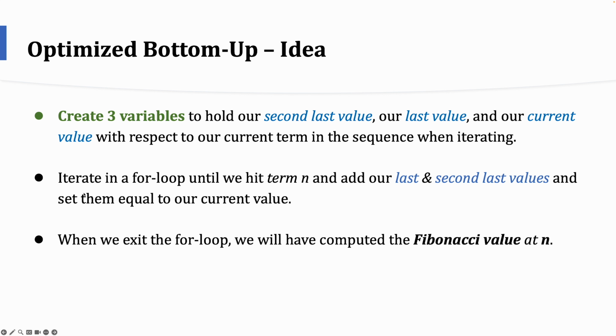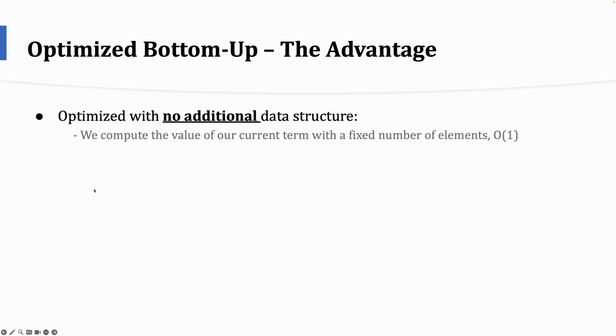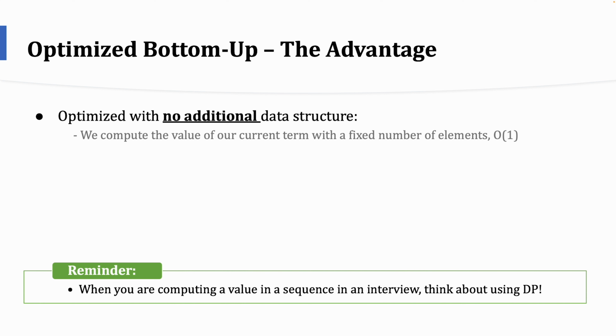It's really as simple as that. If I show you the code, this is probably going to make more sense. We don't need any additional data structure in this case. We don't need an array to store everything. We just compute the value of the current term, and we have 3 variables to keep the current, the last one, and the second last one, and that's all we need.